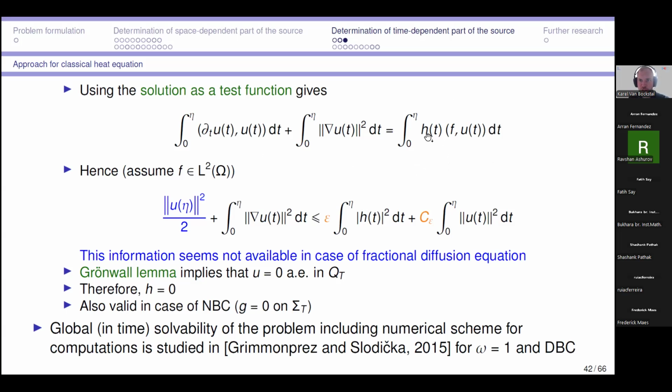But for the classical heat equation, you put a small constant epsilon on h of t, and the big constant 1/4 epsilon on the scalar product of f and u of t.